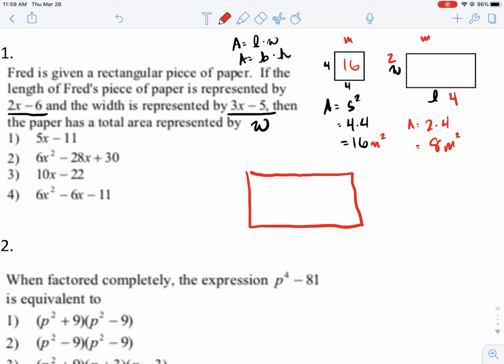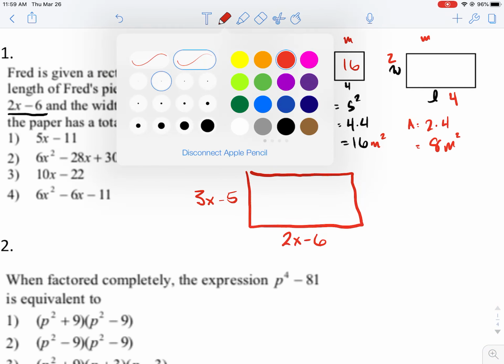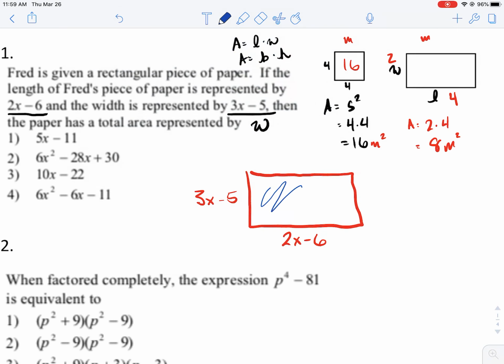Here is our length, and here is our width. In order to find this area, we're going to have to multiply this and this.